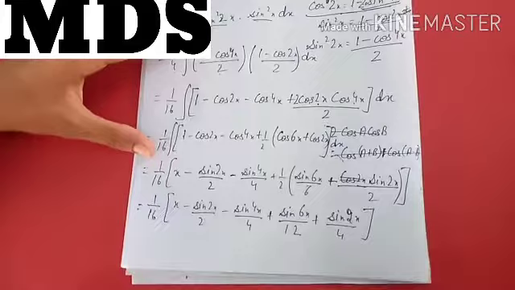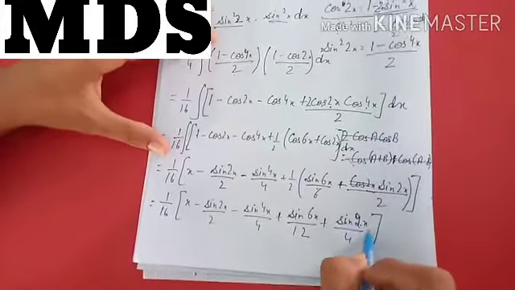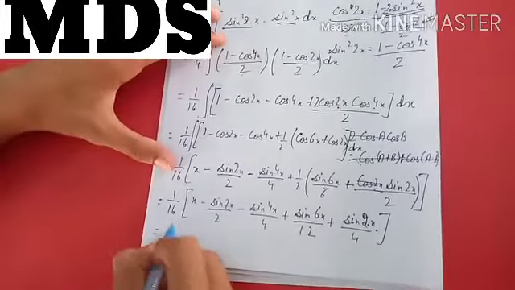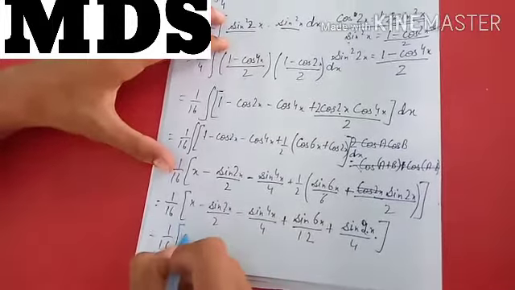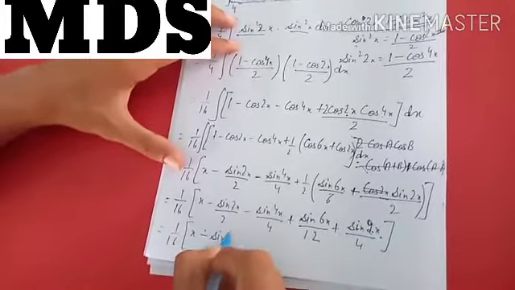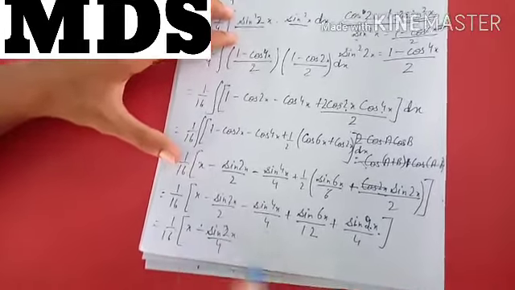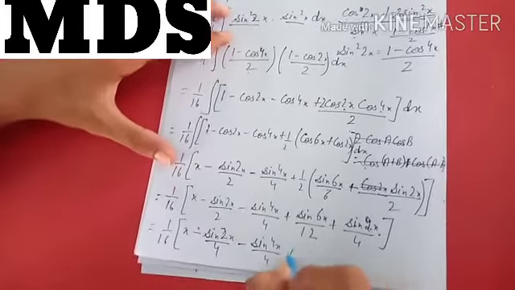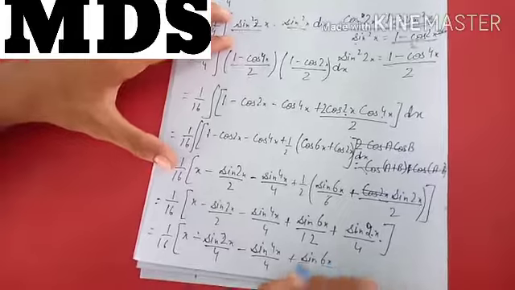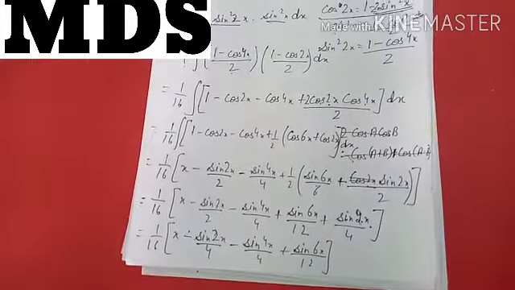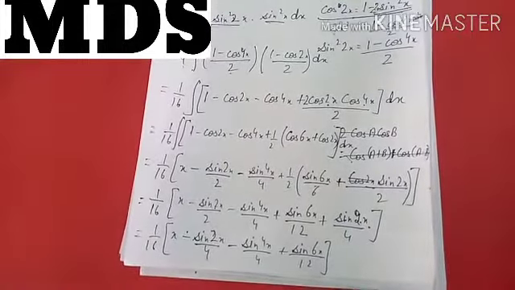Okay, now you can see sin 2x is here and here, so we can solve it, and what we will get? We will get 1 by 16 as it is, x, minus sin 2x by 4, minus sin 4x by 4, plus sin 6x by 12, and then just we can multiply 16 inside the bracket and we will get our answer. It was the way how we have to solve this.